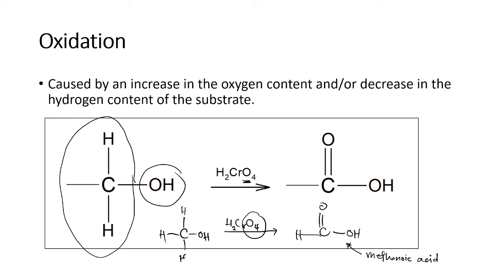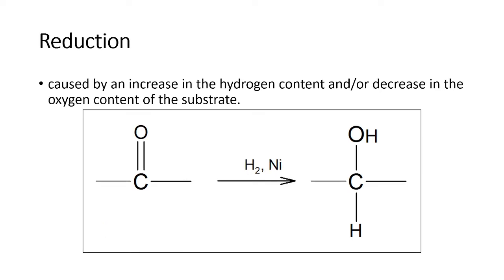And if we have oxidation, we will be remiss if we don't mention what we call reduction. This is the opposite of oxidation. In oxidation we are adding oxygen and reducing hydrogen. For reduction, we actually increase the hydrogen content of our substrate or decrease the oxygen content of our substrate.